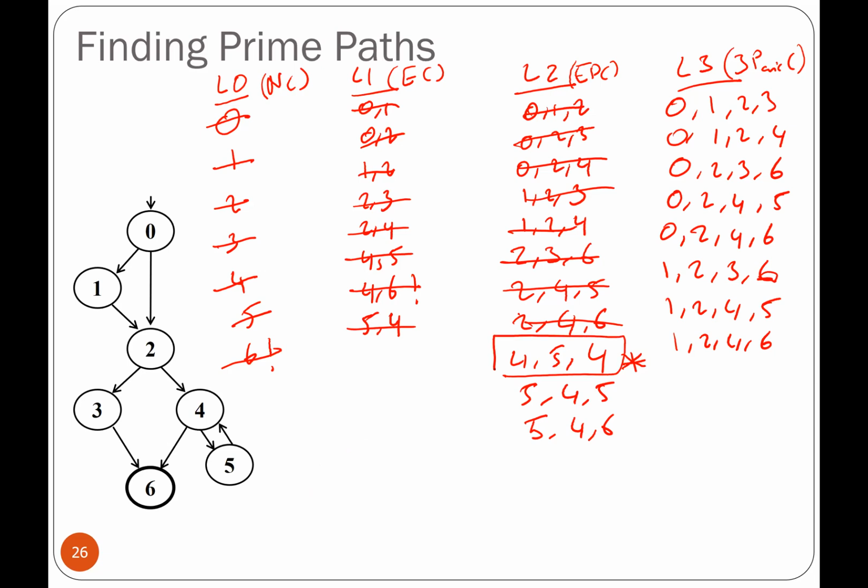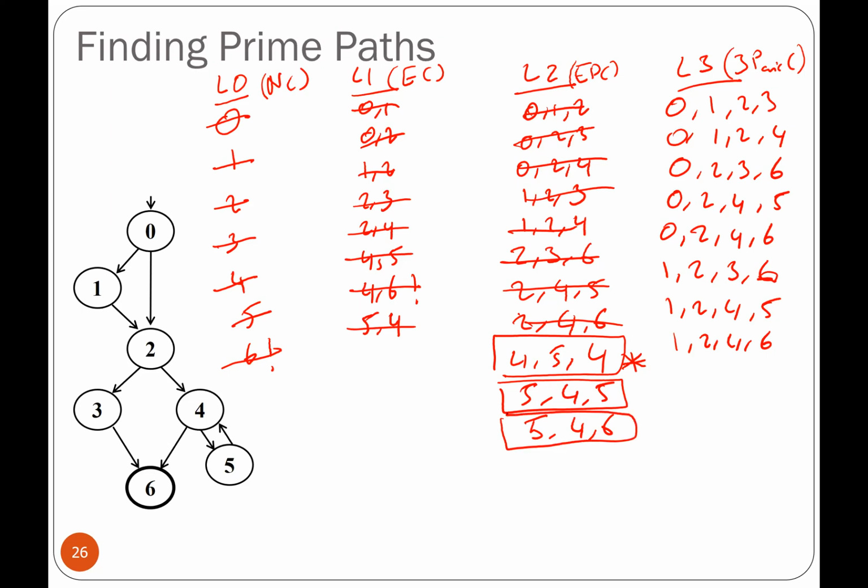Okay, 5, 4, 5. Yes. 5, 4, 5, 4, 5 is a no. Okay, it's not subsumed. I think you meant yes, as in it's a prime path. Yes. Yeah, it's a prime path. 5, 4, 6. Okay, no. So I have those three.